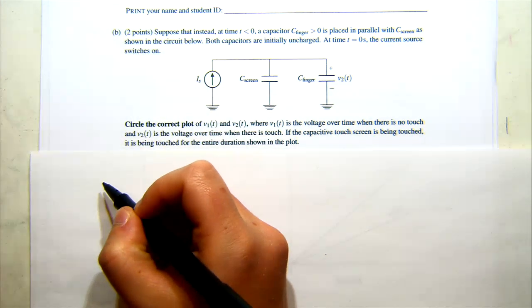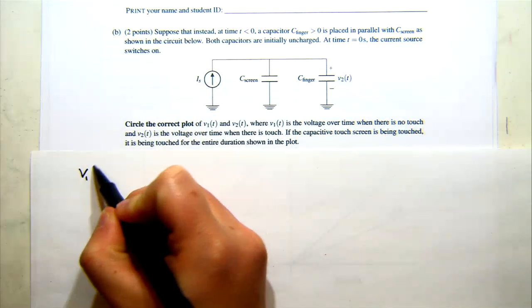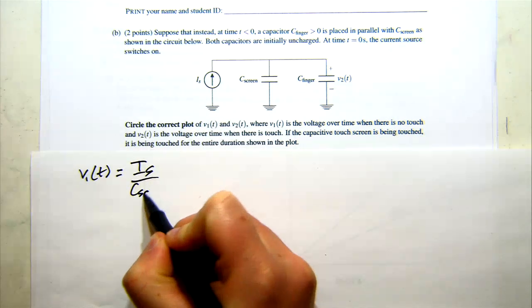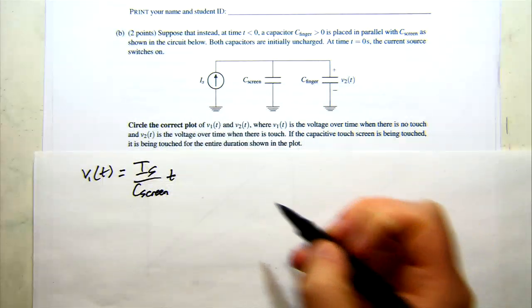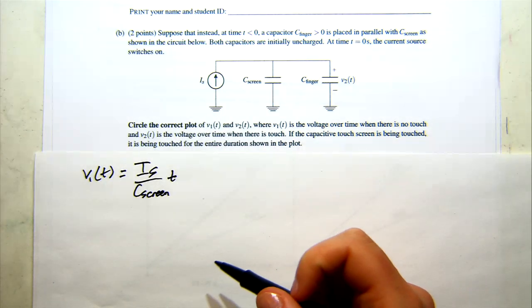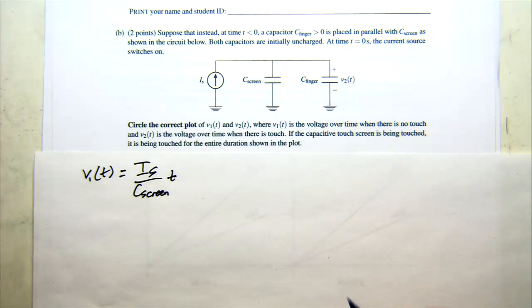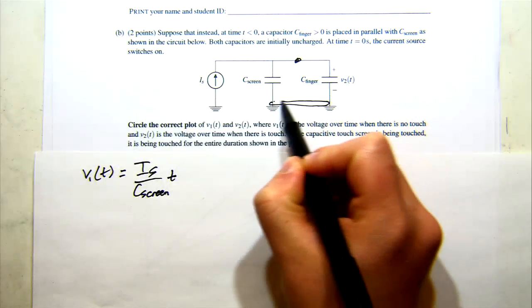So we know our equation for the last part: V1 of t was just IS over C screen times t. That was for our general setup, one current source and one capacitor. But now we have two capacitors, so we can notice that we have the same node on the top and the bottom.